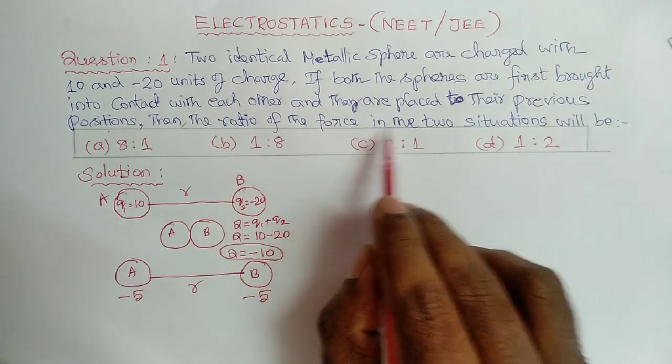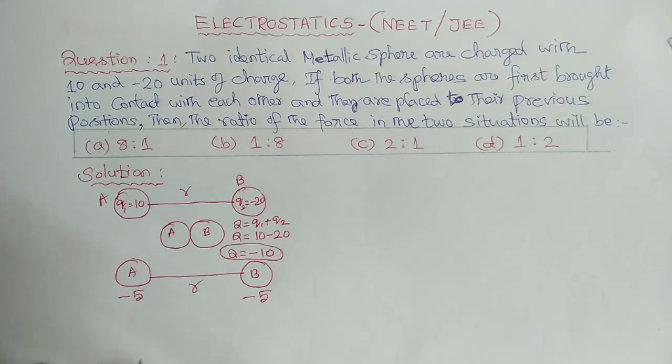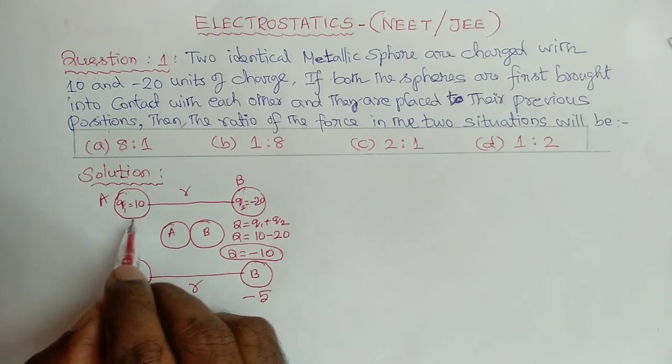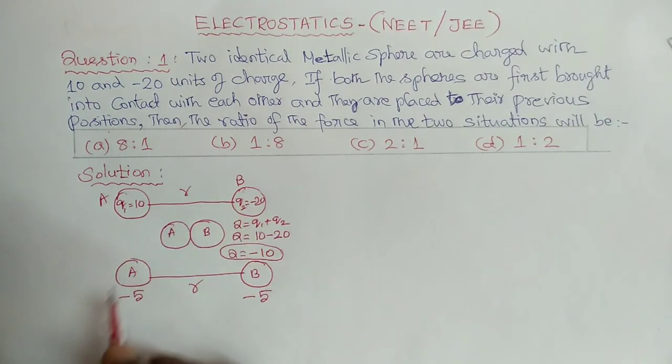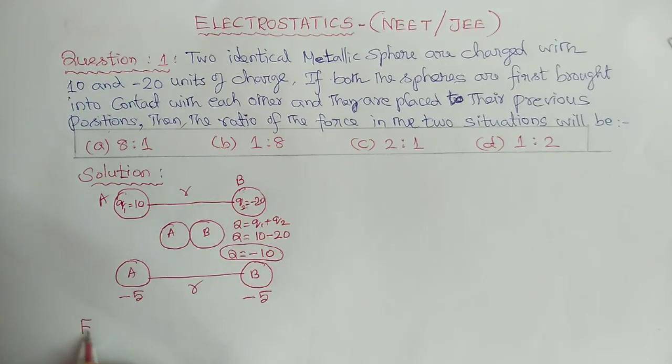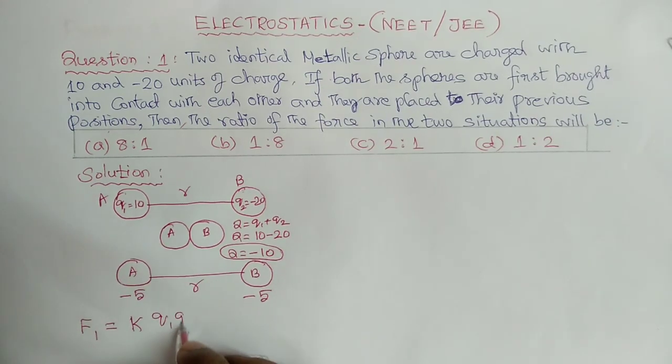Okay, so now we'll write the force. The ratio of the force in the two situations according to Coulomb's law. So first we will consider before they are brought into contact, so we'll write the force which is considered as F1. So F1 is equal to, according to Coulomb's law, K Q1 Q2 by R square.